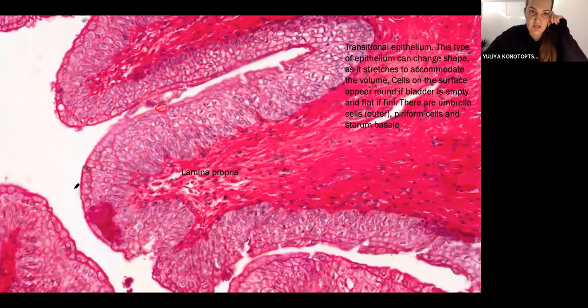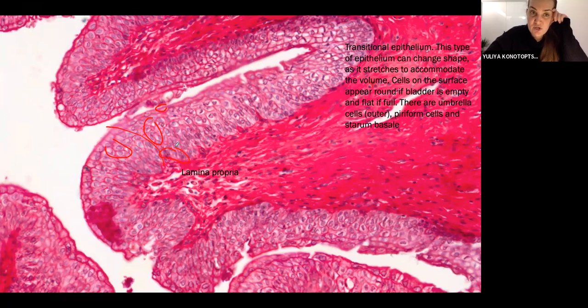They're screaming in your face: look at me, I'm covering the piriform cells under me. If they are present, then this entire epithelium is called urothelium, another name for transitional epithelium. So again, transitional epithelium possesses top umbrella cells, underneath them are piriform cells, and at the bottom we have the basal cells, which are stem cells.